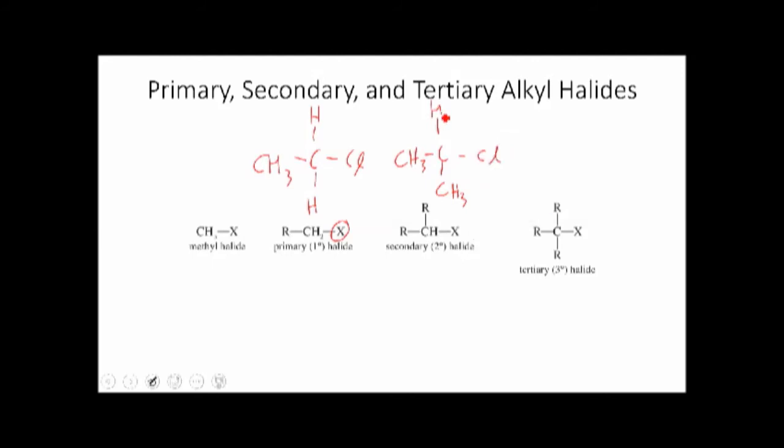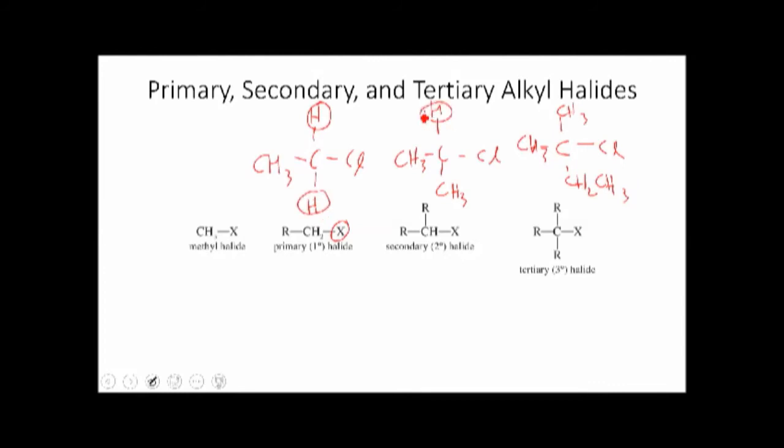Okay, so this one, say everything is CH3. So I can change this into an ethyl, for example, and then a Cl. What is basically different in all of this is the number of hydrogen.